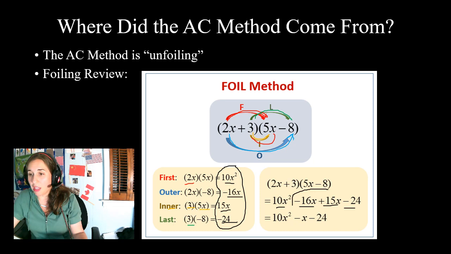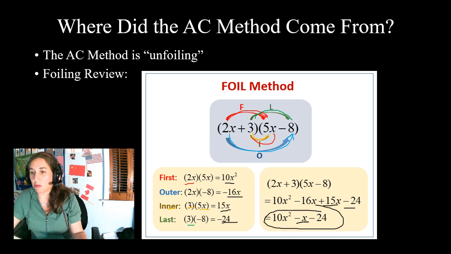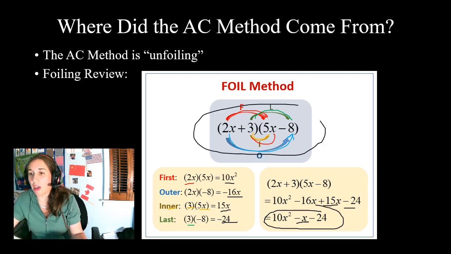We can combine like terms. This is just like what we did in our review lectures, adding polynomials. So negative 16x plus 15x gives us negative 1x. When you simplified the whole thing down, you wound up with 10x squared minus x minus 24. So you started with the factors and ended with a polynomial.